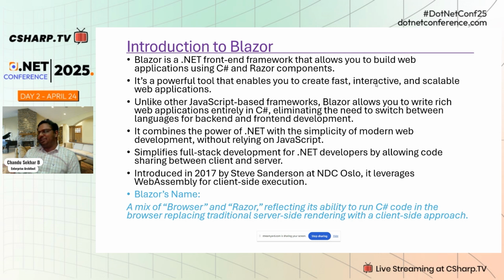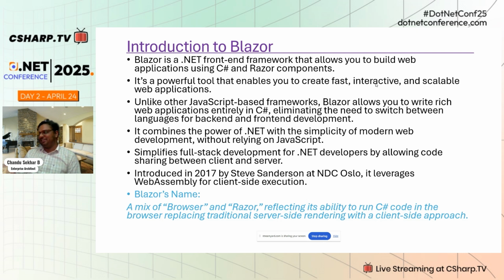I'll start with the introduction to Blazor. Blazor is a .NET front-end framework that allows you to build applications using C Sharp and Razor components. If you are familiar with web development, we hear a lot of technologies like Angular, React, Vue.js, and different technologies.